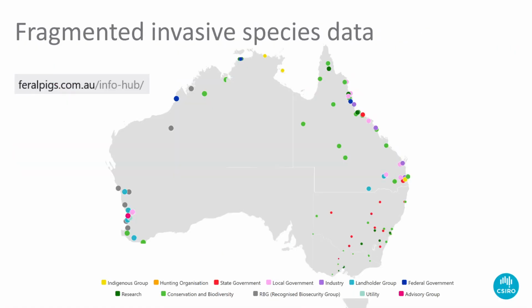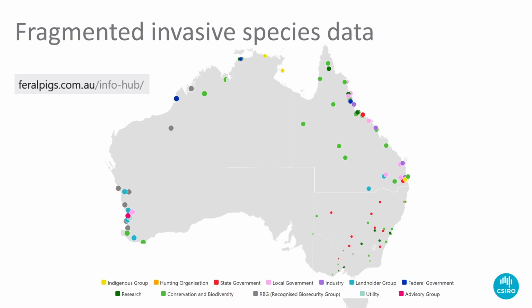So fortunately for the strengths of our biosecurity system, but unfortunately for researchers like us wanting to utilize our biosecurity data, in Australia, management of invasive species is a shared responsibility. This map from the National Feral Pig Action Plan website illustrates the diversity of stakeholders involved in pig management, from levels of government to agricultural, Indigenous, and conservation land managers.